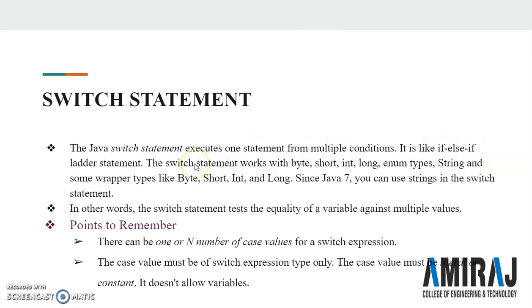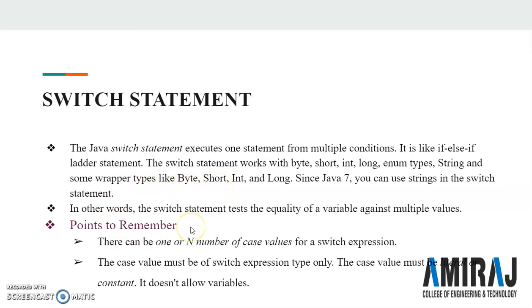If we already have the if else if statement, then why do we need the switch statement? The switch statement works with some data types which are not supported by the else if statement, like byte, short, integer, string, and some wrapper class data types too.